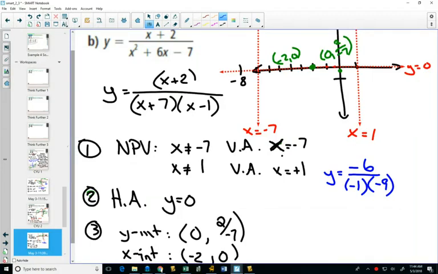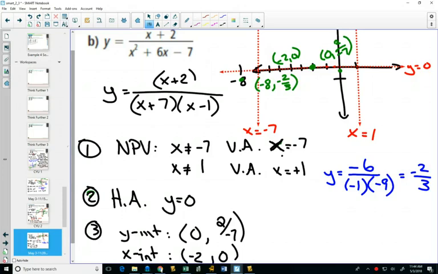What's easier, -1 times -9 or 64 minus 48 minus 7? I think this is easier math. What does this simplify to? -6 over 9, which is -2/3. So I can now plot that point on my graph. I have the point -8, -2/3. And now I have one point in that section. That is going to be enough.